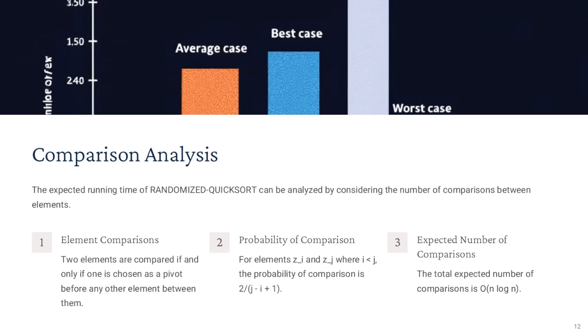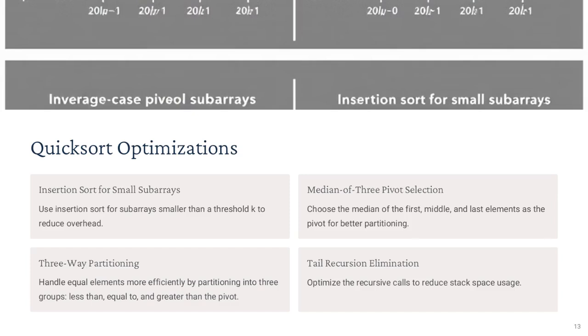Quicksort can be further optimized to enhance its performance, especially in practical implementations. One common optimization is to use insertion sort for small subarrays below a certain size threshold, as the overhead of recursive calls becomes less efficient for small datasets. Another technique is the median of 3 pivot selection, which chooses the median of the first, middle, and last elements as the pivot.